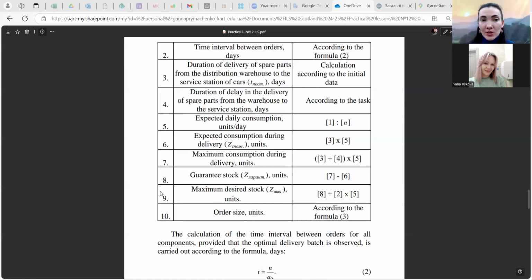Okay, the next is line number 8. It is guaranteed stock in units. We need to find the result of line number 7 and subtract the result of line number 6.